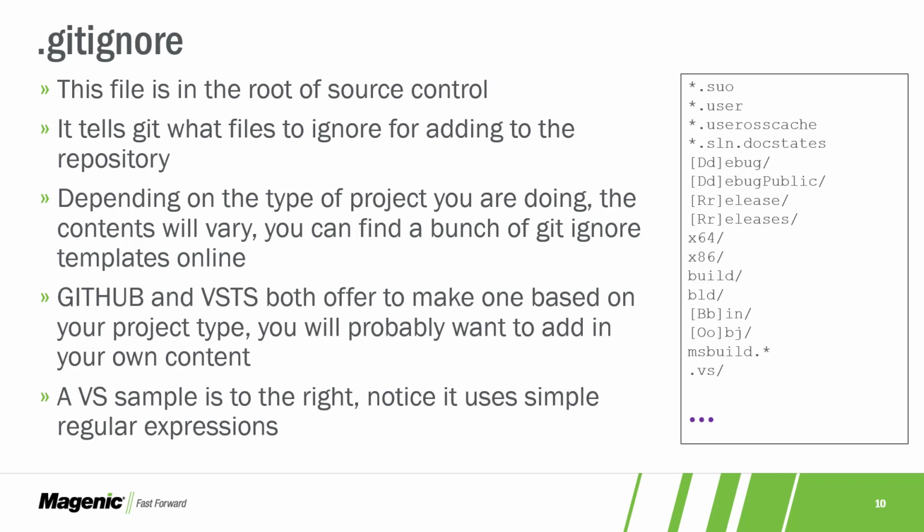And so gitignore is generally placed at the root of your project folder, and in it you can specify, using simple regular expressions, the things you do not want Git to add to your repository by default.